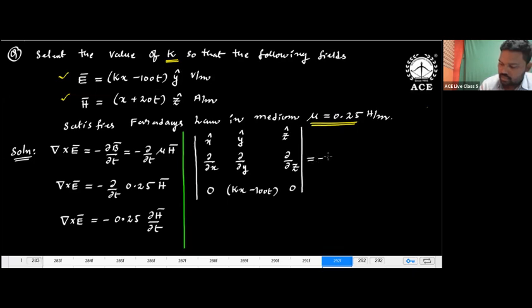Minus 0.25 dou by dou t into x plus 20t into z cap. Here you are noticing the z component, beta. So I'll just equate the z components on both sides without wasting time.